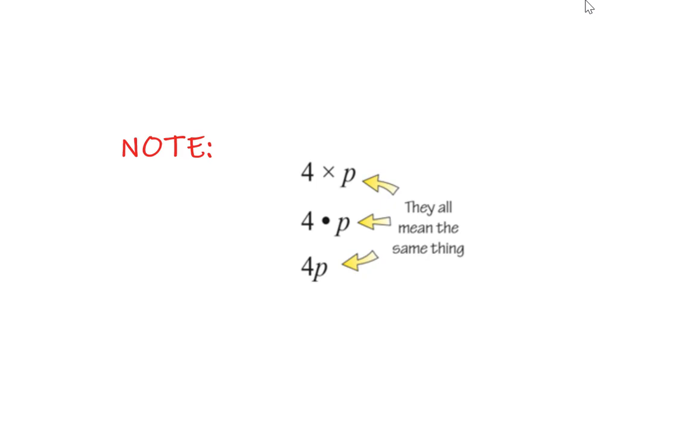If you're just multiplying a variable by a number, then you can leave out the symbol completely, like in the third one. Let's discuss what is the meaning of 4p. You are multiplying 4 with a p. They all mean the same thing. But mostly we will use the last one, 4p.